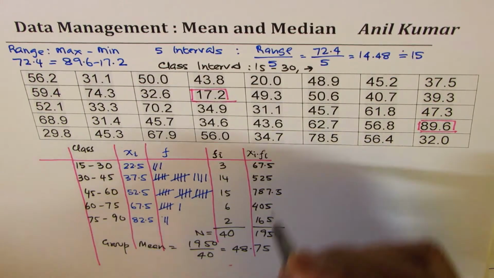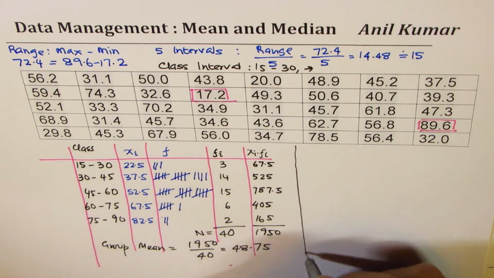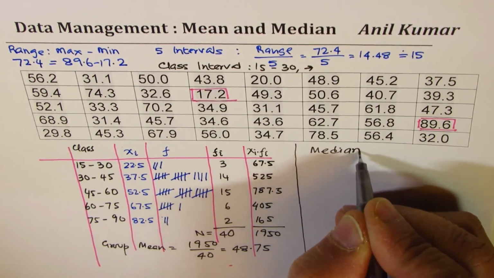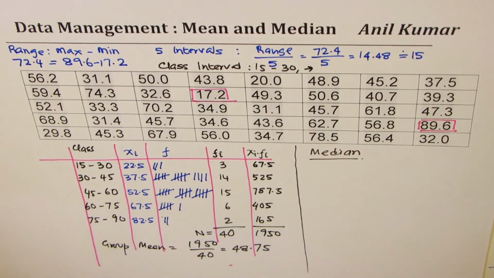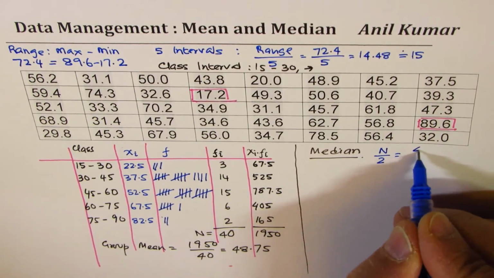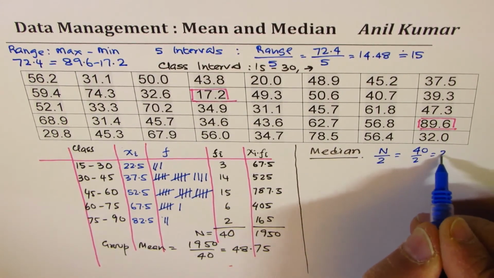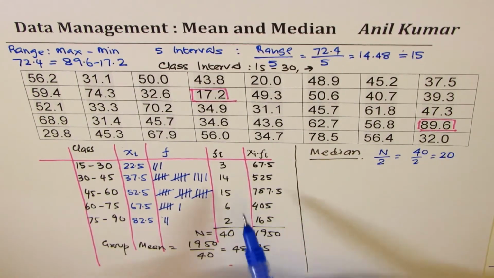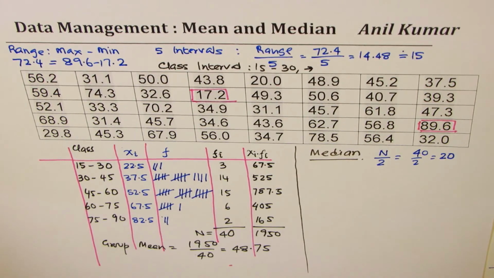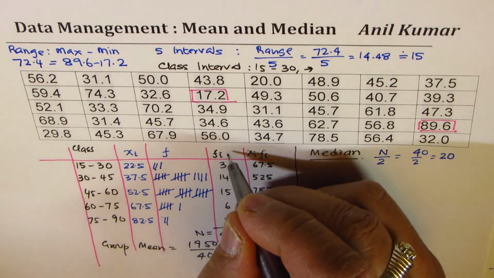Now, let me see if I can get the median correct, right? Median. Now, median is the middle value. So what we will do here is, we know we have to find n by 2. So it is 40 by 2, which is 20, right? So in the cumulative frequency, well, I didn't create one. So let me add a column here.